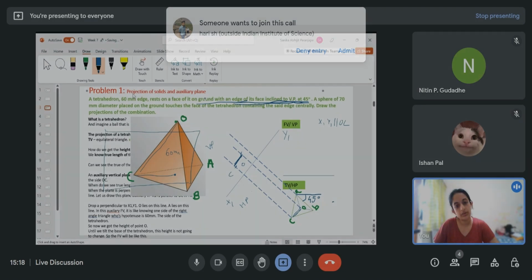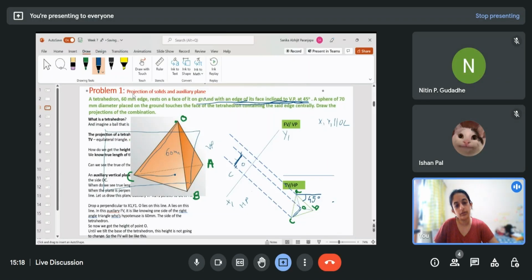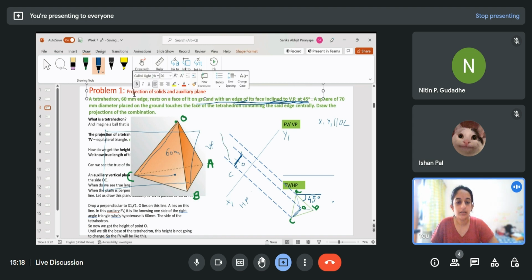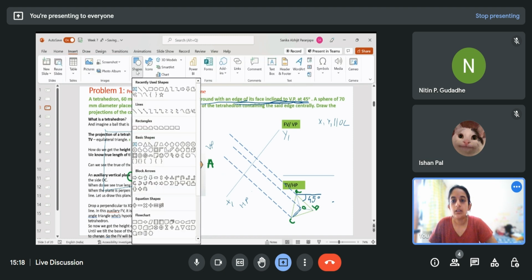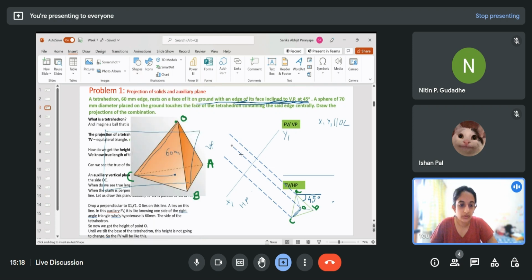So in front view, it is as good as saying that I know one side of the right angle triangle and the hypotenuse. So I will construct this OC over here. So OC will be like this.